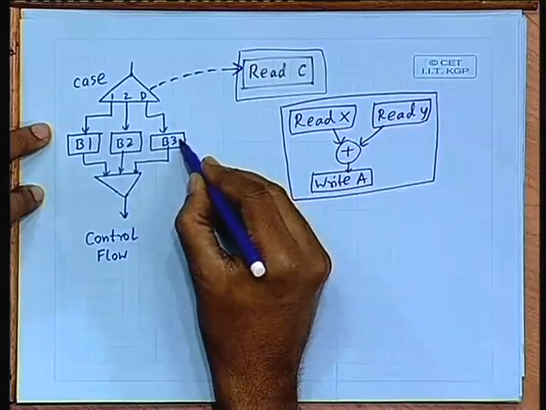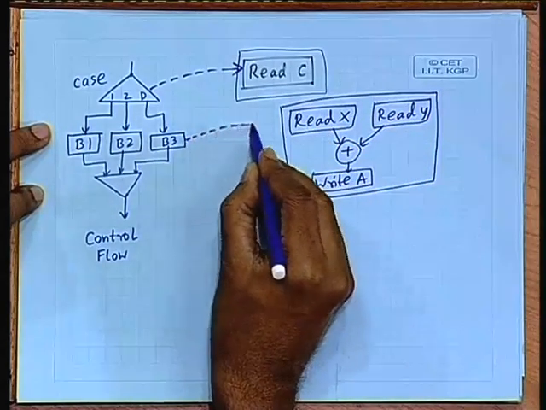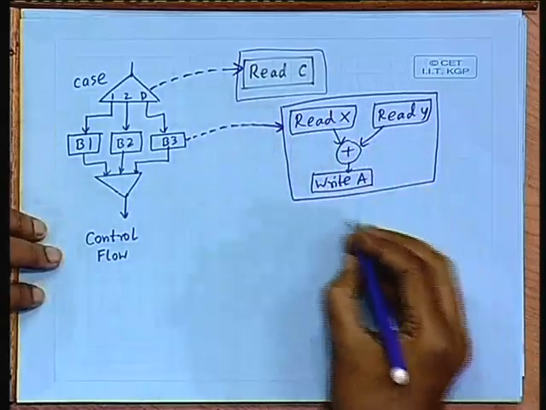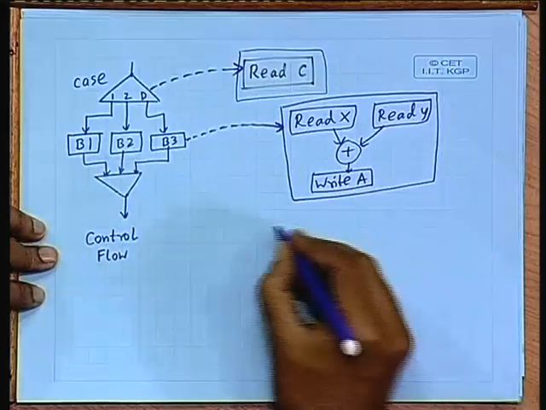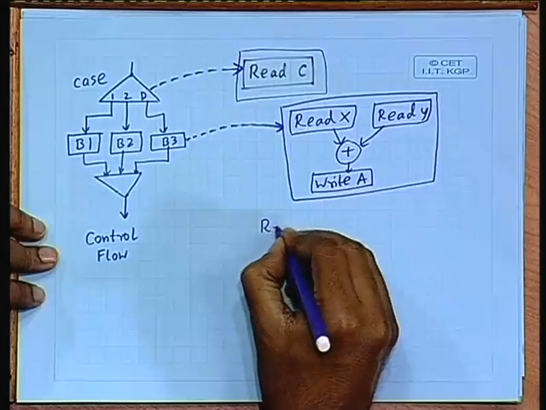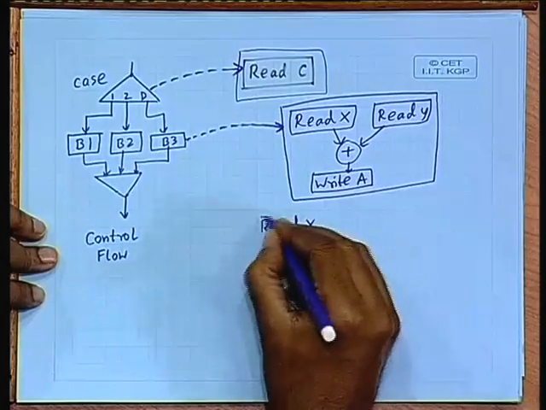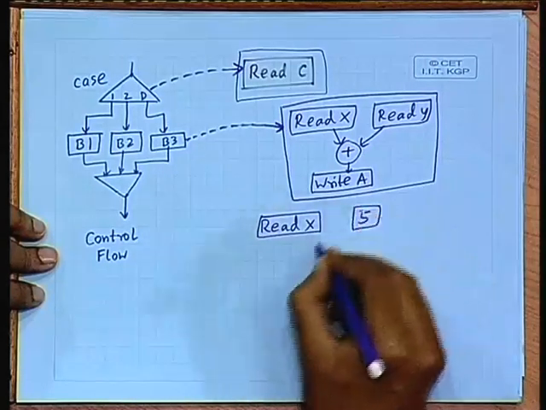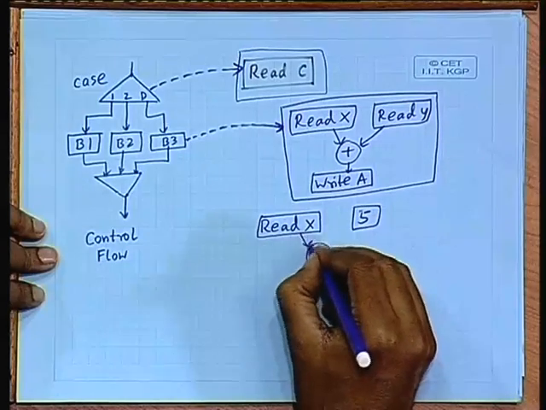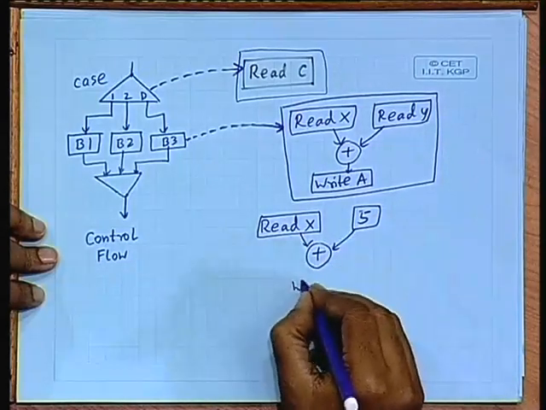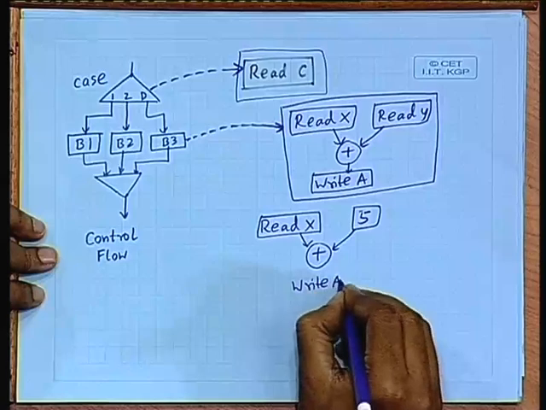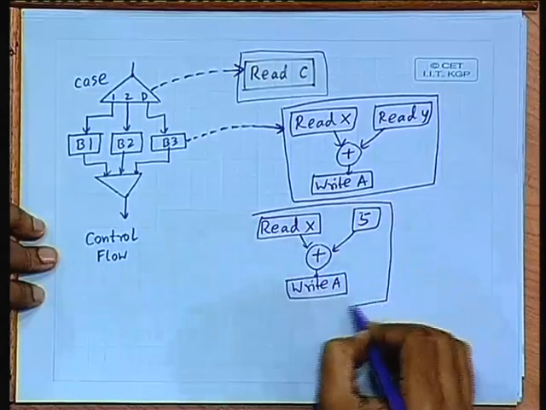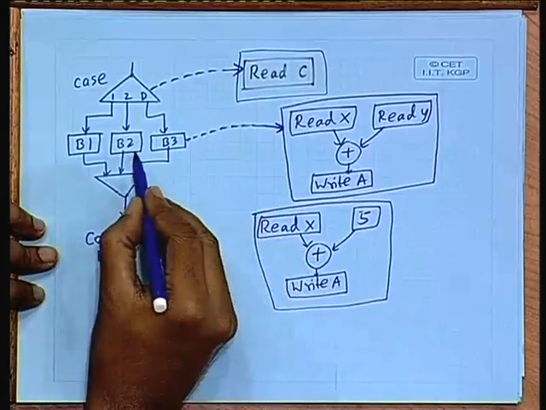So, generating control signal for B3 means you are activating this piece of the hardware. Similarly, for B2 it is A equal to x plus 5, read x, the constant value 5, add them up, write A. This is for B2.